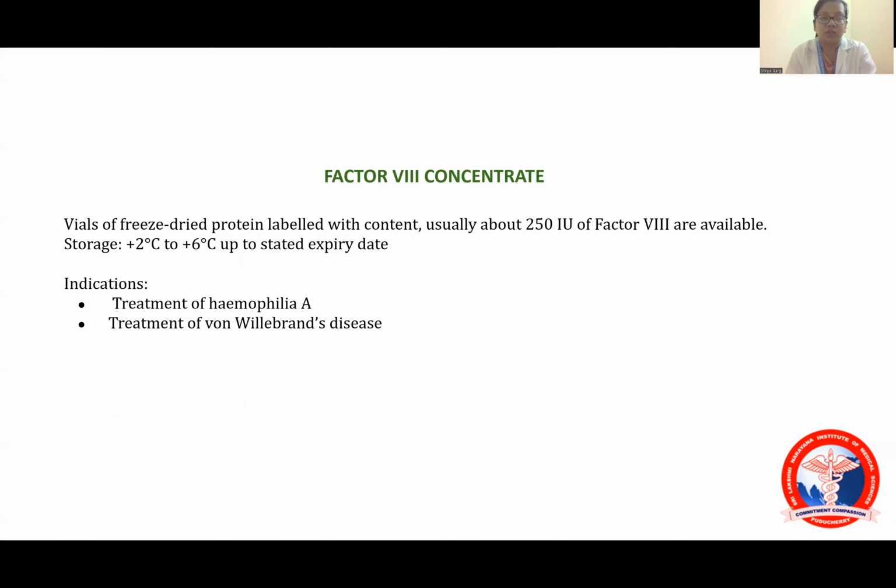Next is factor 8 concentrate. Vials of freeze-dried protein labeled with content, usually about 250 international units of factor 8, are available. Storage is plus 2 degrees Celsius to 6 degrees Celsius up to stated expiry date. Indications are treatment of hemophilia A, that is factor 8 deficiency, and treatment of von Willebrand disease.